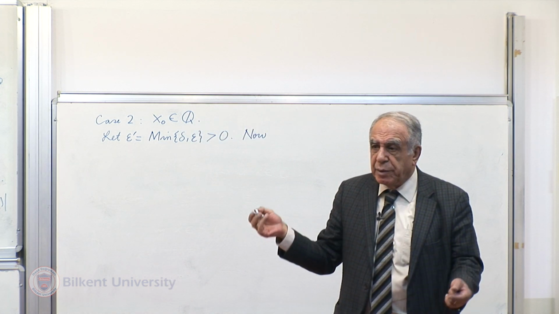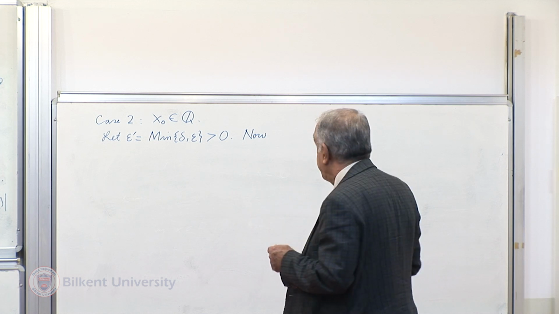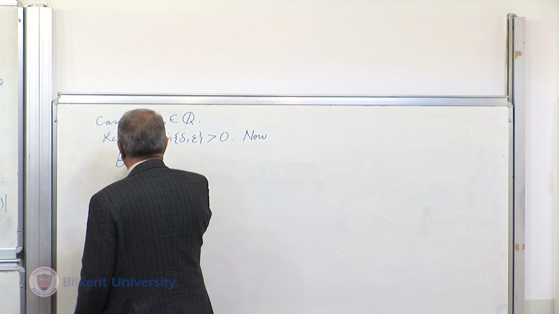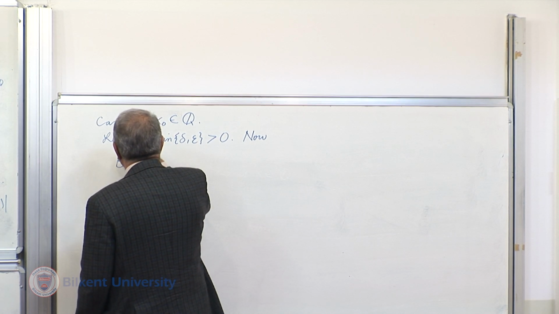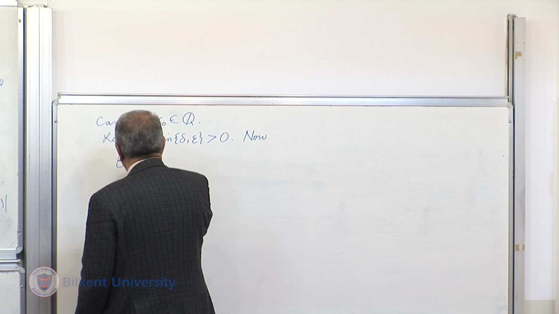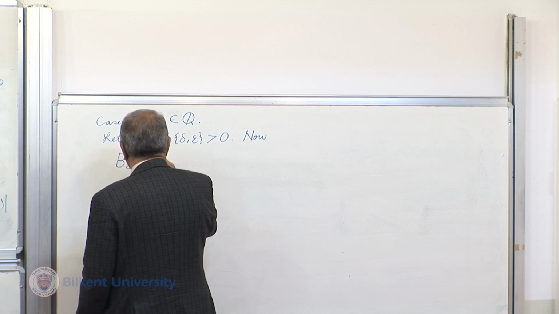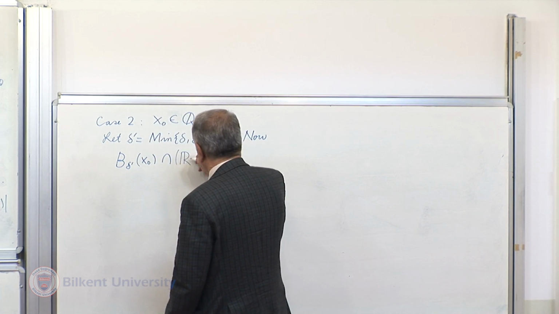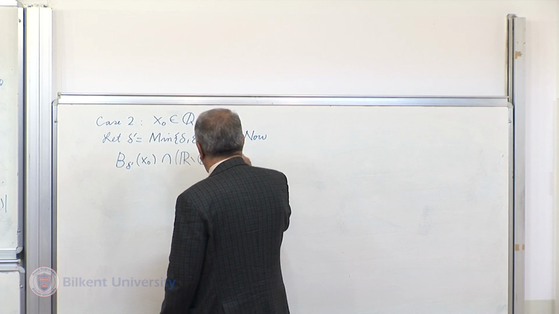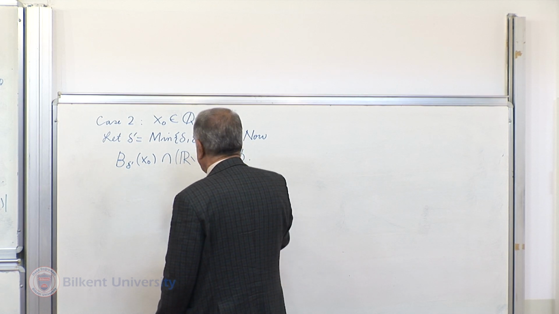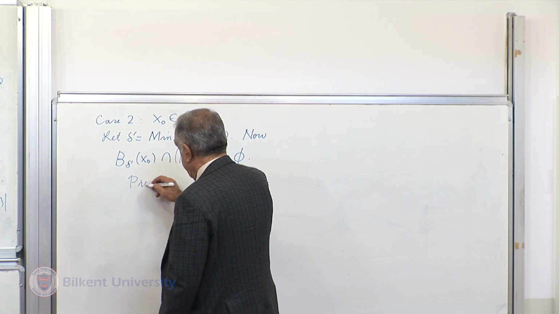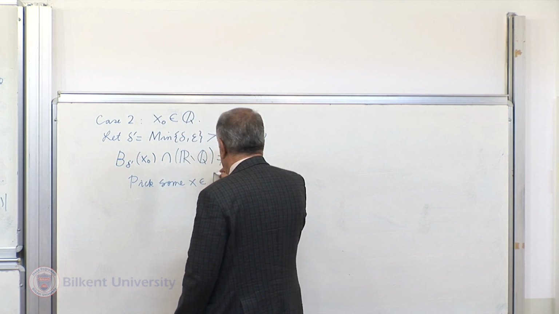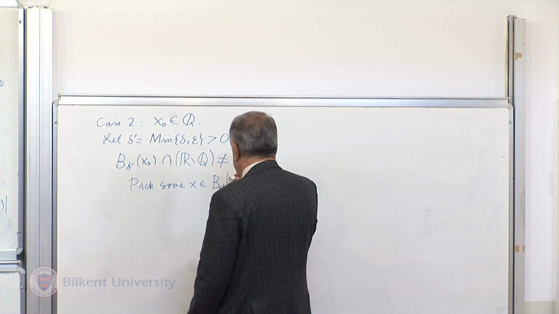Now, by a property of real numbers, which we borrowed from real analysis, the ball of radius delta prime about x naught, intersection, this time R minus Q, is non-empty. Pick some x in this intersection this time.